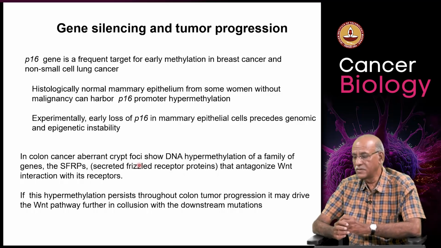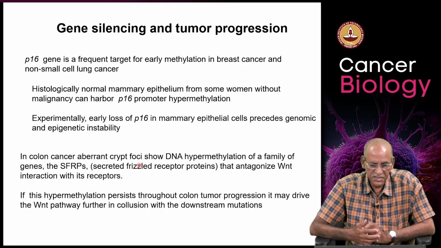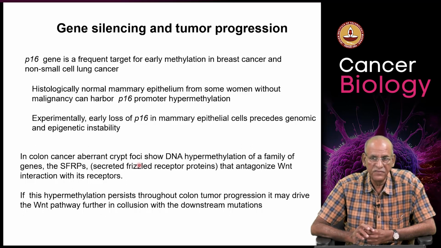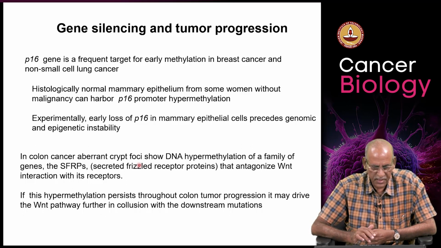Experimentally, early loss of P16 in mammary epithelial cells precedes genomic and epigenetic instability. Genomic instability is a characteristic feature of cancer cells. So, this can be one example.